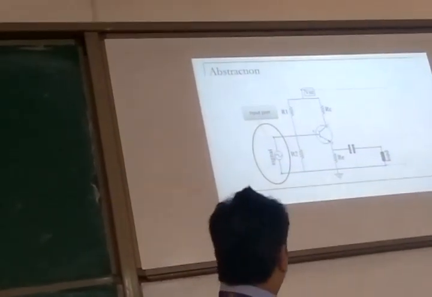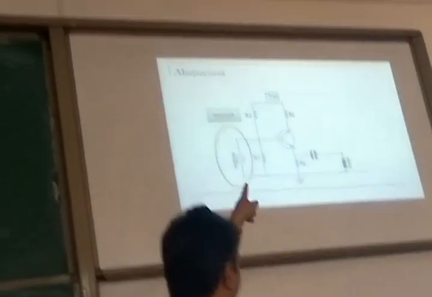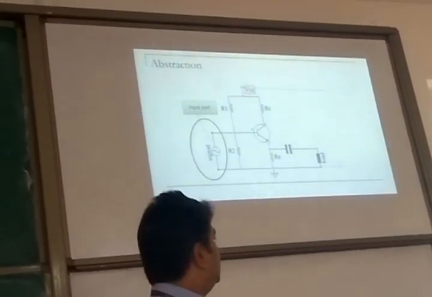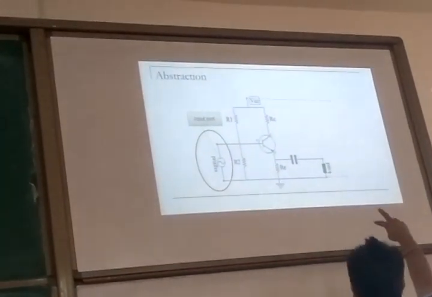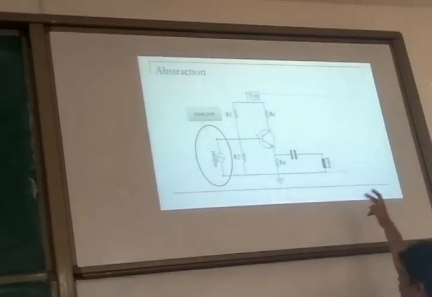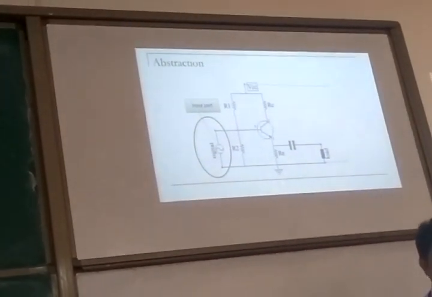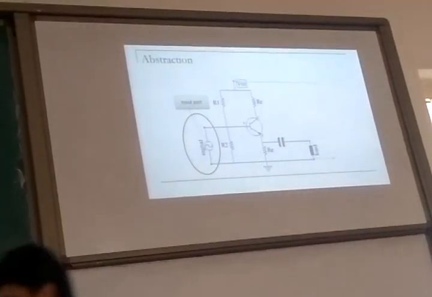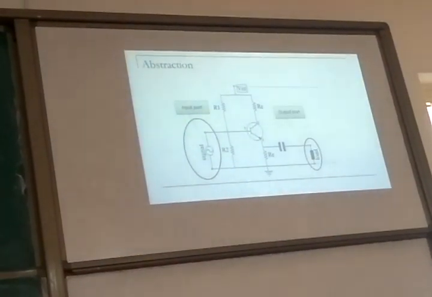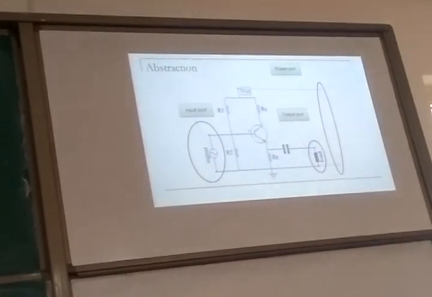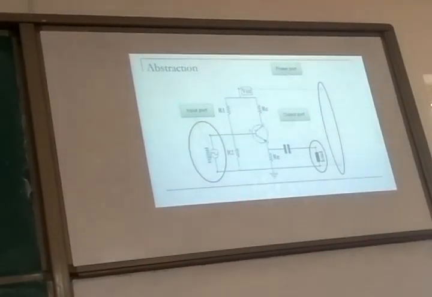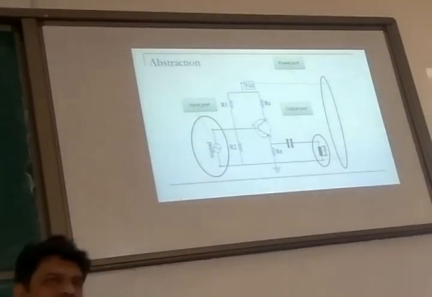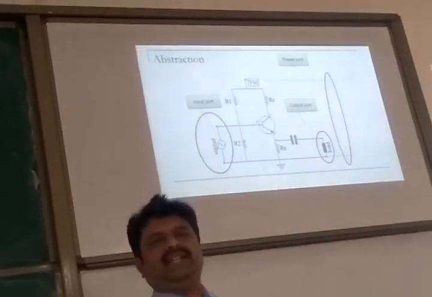There is one power supply that I have to connect, one ground and one power supply. And there are two ports, two connections where I need to take output from. So I need an input port, output port, and power port. So this is the input port, that's the output port, and this is the power port, VCC. Rest all is a component or components that go inside.